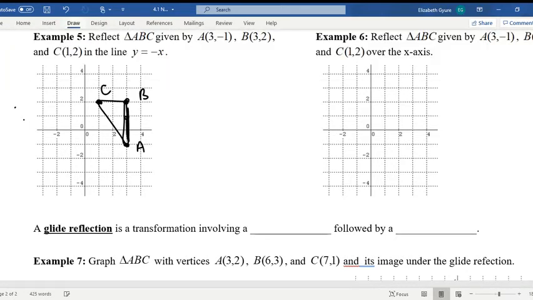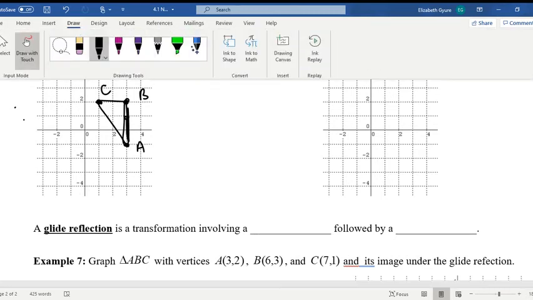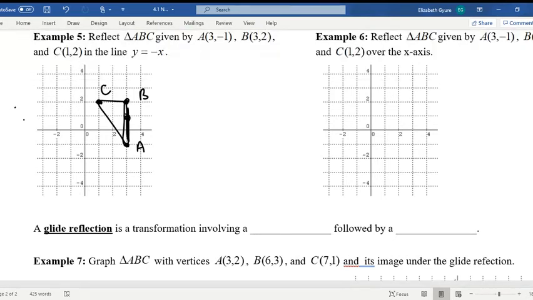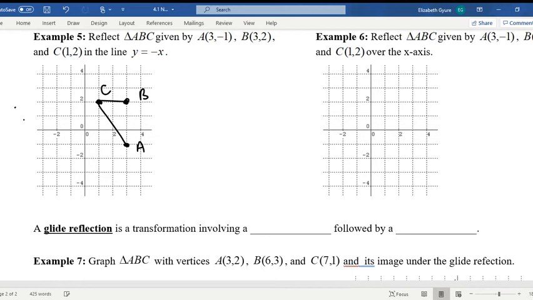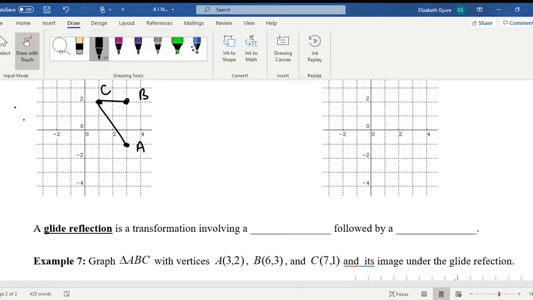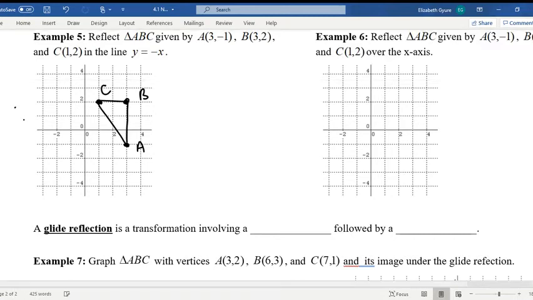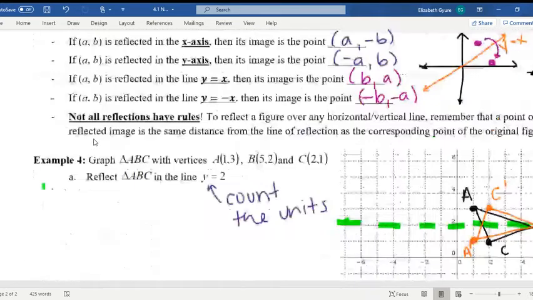So this time it's telling us to reflect in the line y equals -x. I'm tired of talking to myself, so Colin K, what rule do we use if it's y equals -x? Oh, okay.